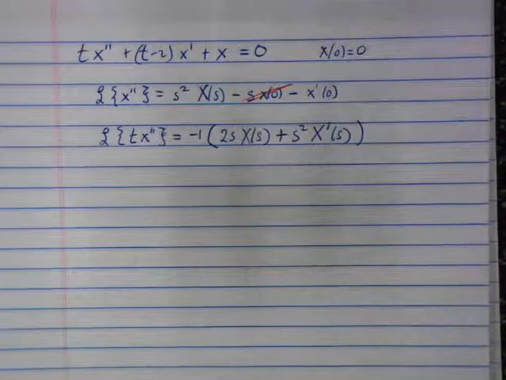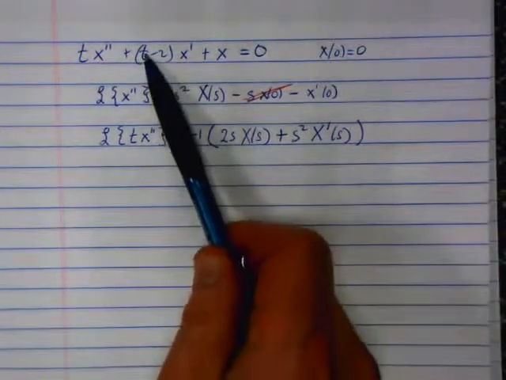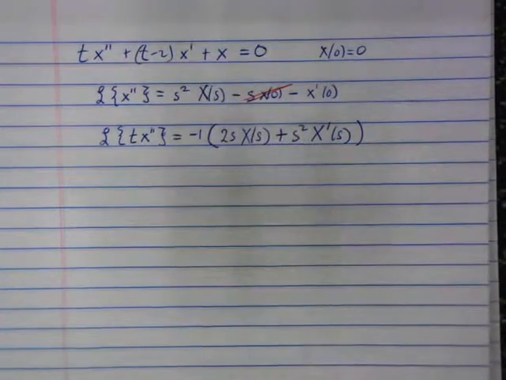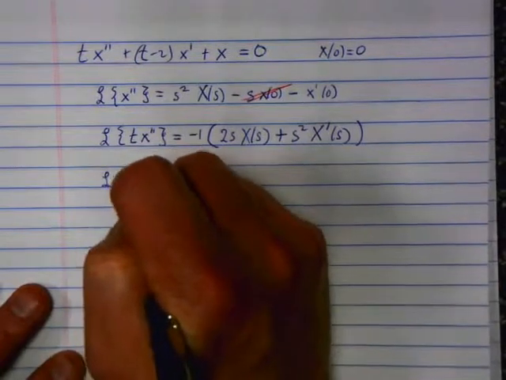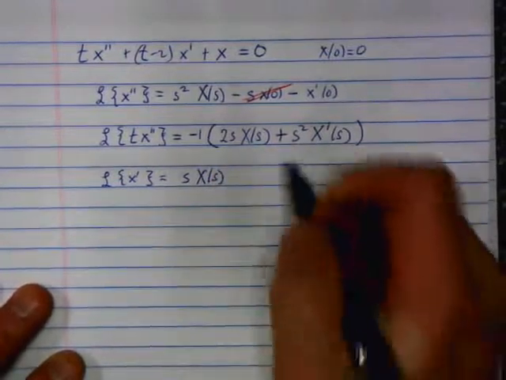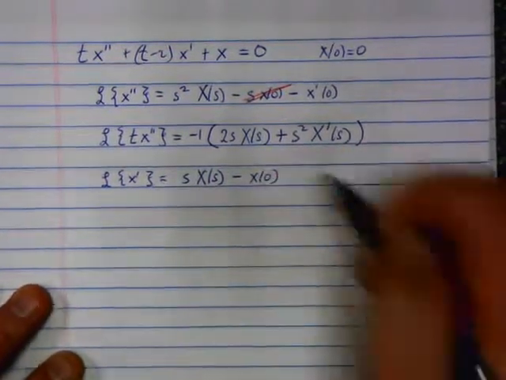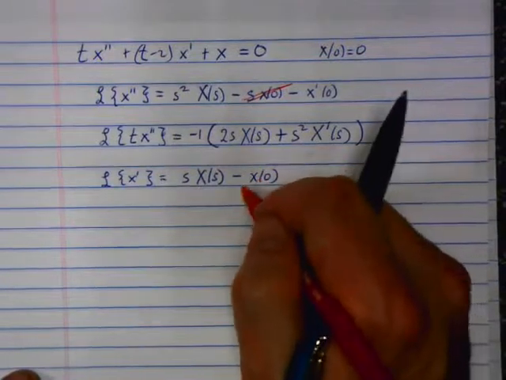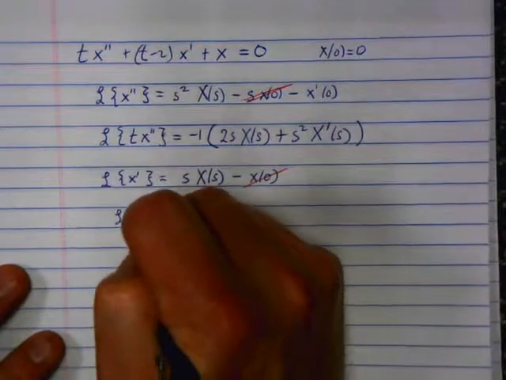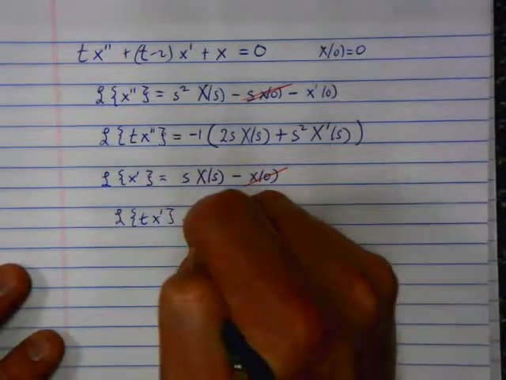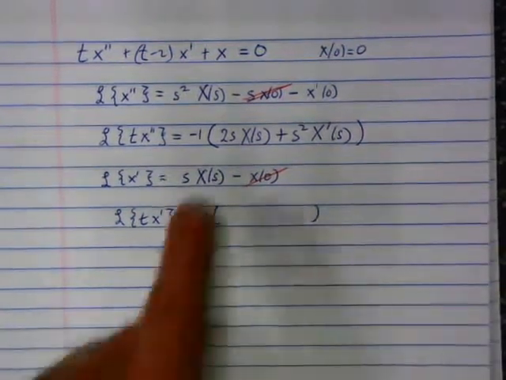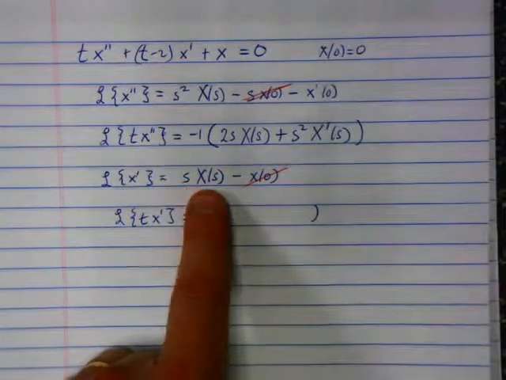Now we keep going. Notice that we have a t times our first derivative. So we're going to have to go through the same process for that. We remind ourselves that the Laplace transform of the first derivative is s times capital X minus x at 0. But once again, x at 0 is 0. So when I go to do the Laplace transform of t times x prime, I've got to do the same thing. It's going to be negative 1 times the derivative of s times x of s.